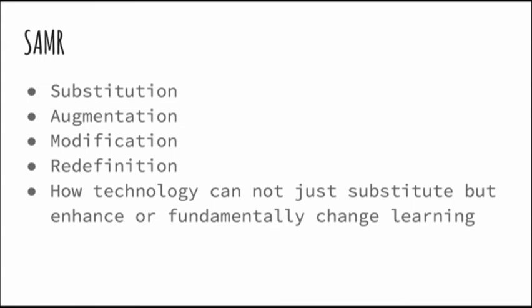I know that you have been introduced to the SAMR model, which we learned about in faculty meetings and in the T21 class. This is the idea that at one point it'd be very easy just to use these devices to substitute for an old task. And I think especially in the English classroom, we said, well, we can use paper and pencil, or we can still read the books.